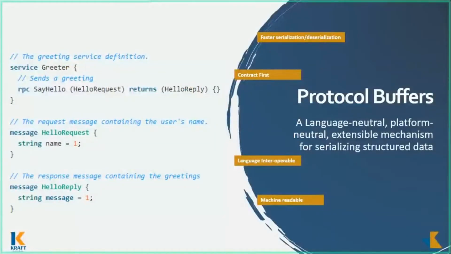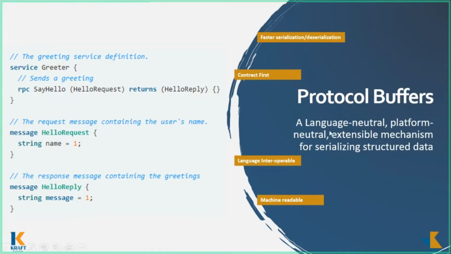Now let's come back to protocol buffers. Protocol buffers is a framework which was initially built by Google, which offers a language neutral, platform neutral, extensible mechanism for serializing structured data.